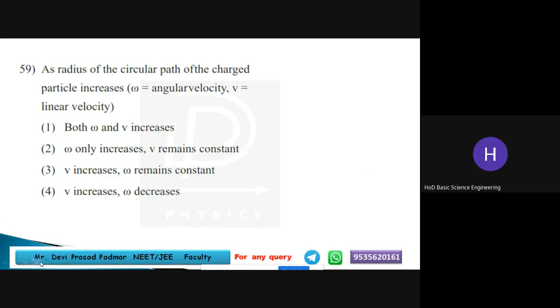What about this? Radius r equals mv by qB, right? r is directly proportional to v. Then omega is nothing but qB by m, that is independent of r.